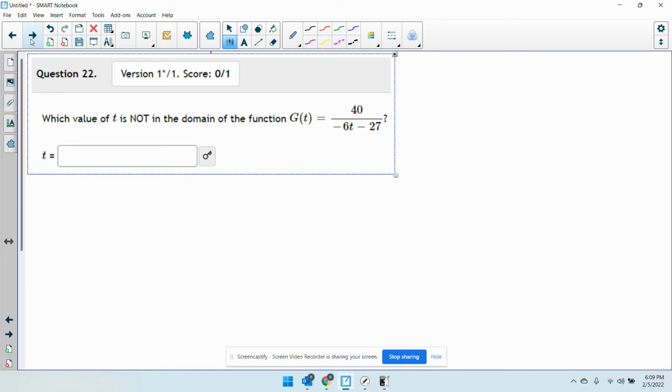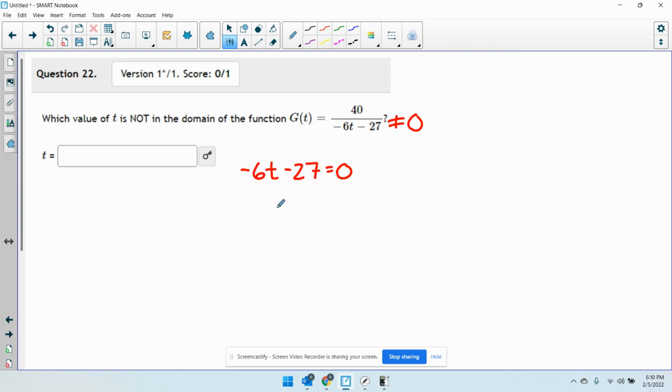Okay, which value of the t is not in the domain? So like with square roots can't be negative, but denominators cannot equal 0. That's the big no-no. So if you're trying to figure out what numbers are not in the domain, it's the values of t that make the denominator 0. So we can find them by just saying let the denominator equal 0 and see what we get. We get negative 6t.